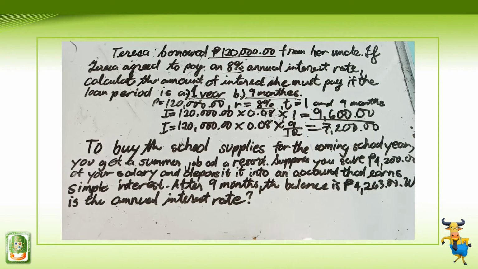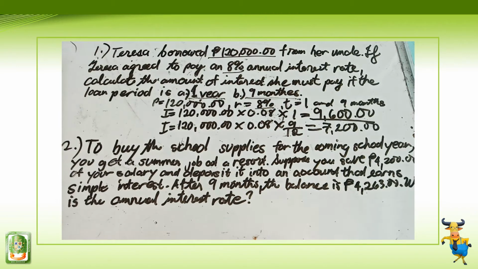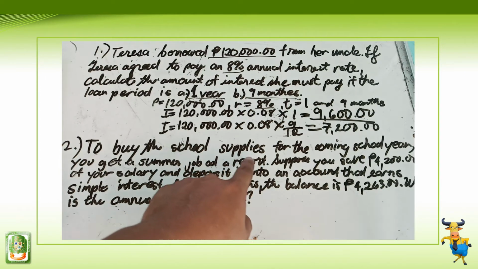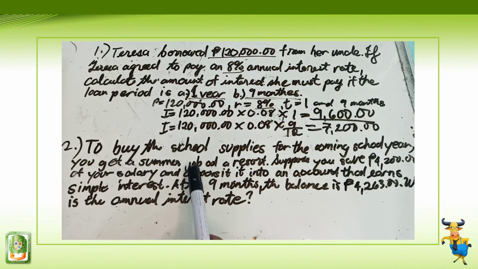Okay? So, another example in computing the simple interest. Paano naman kung ang hinahanap natin ay yung rate, kung ilang magiging percentage niya. Okay, example number 2. Sa number 2 natin, to buy the school supplies for the coming school year, you get a summer job at a resort.